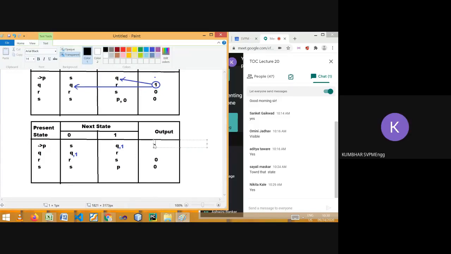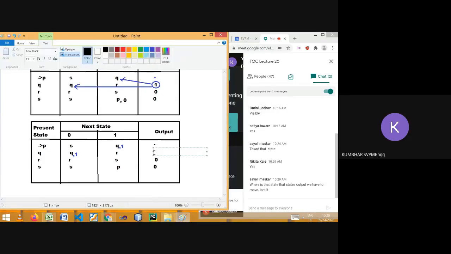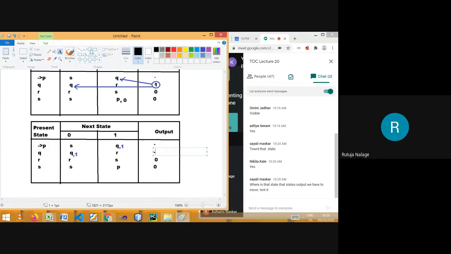So the second step is we have moved this Q state. Then third is the R state. What is the output of R? Output of R is 0, correct. So this 0 we have to move. Check which are the positions of R. There are two positions of R, so we have to associate that 0 here and at this place.